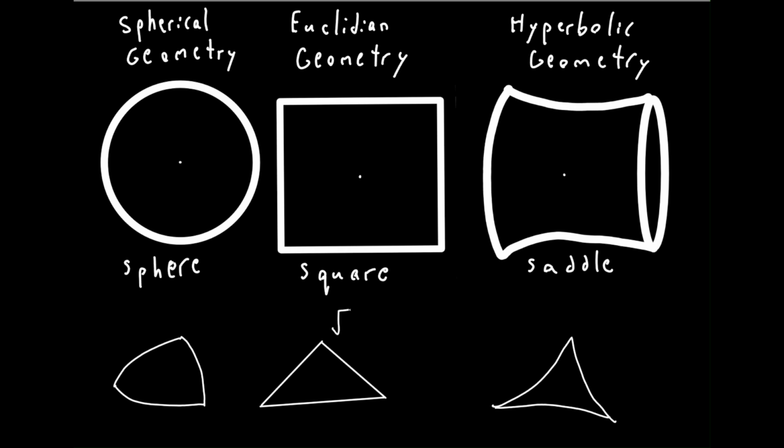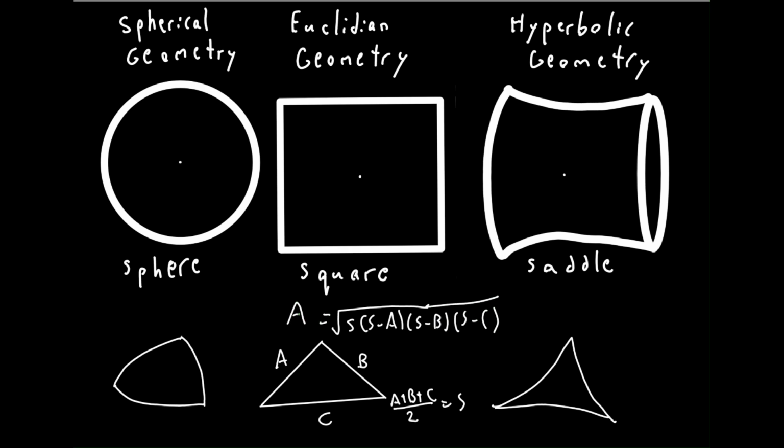Now for the area of a triangle in Euclidean geometry, we typically use Heron's formula. Where a plus b plus c divided by 2 equals s, or the surface area, and s times s minus a times s minus b times s minus c equals area.